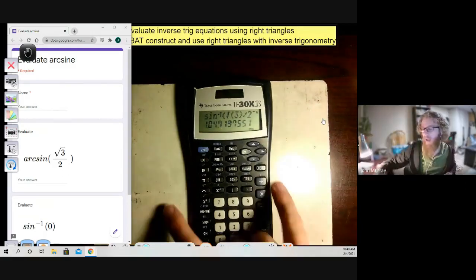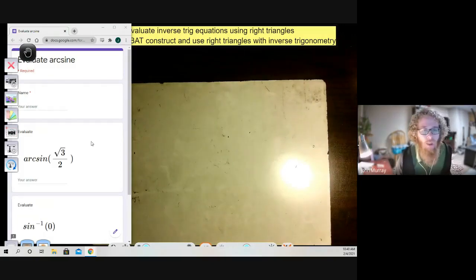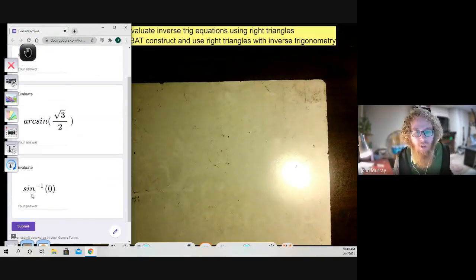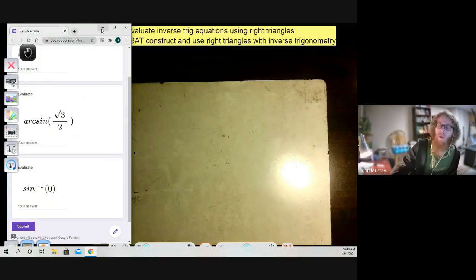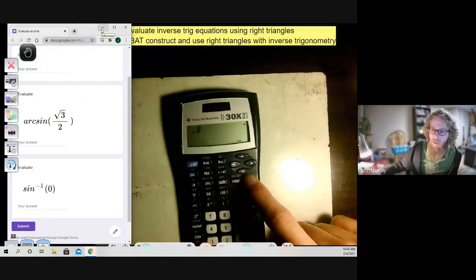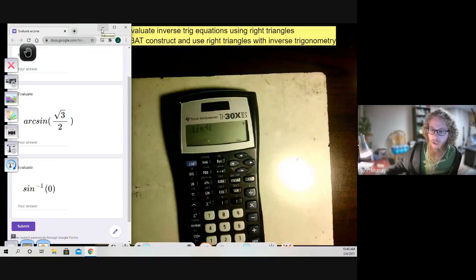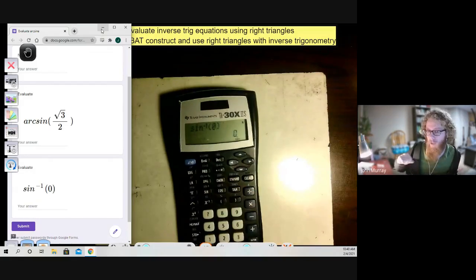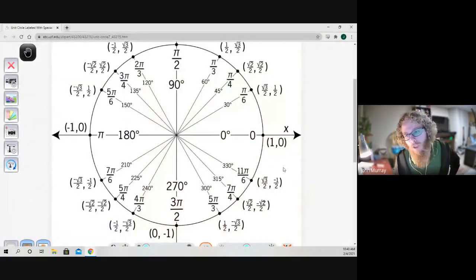Okay, cool. All right. And then the second one, I wanted you to find the inverse sine of 0. Well, this one was a bit of a trick question, but if you punch that in, it doesn't matter if you're in radians or degrees, you get 0. So again, if we're looking at our unit circle, where is my y value 0?